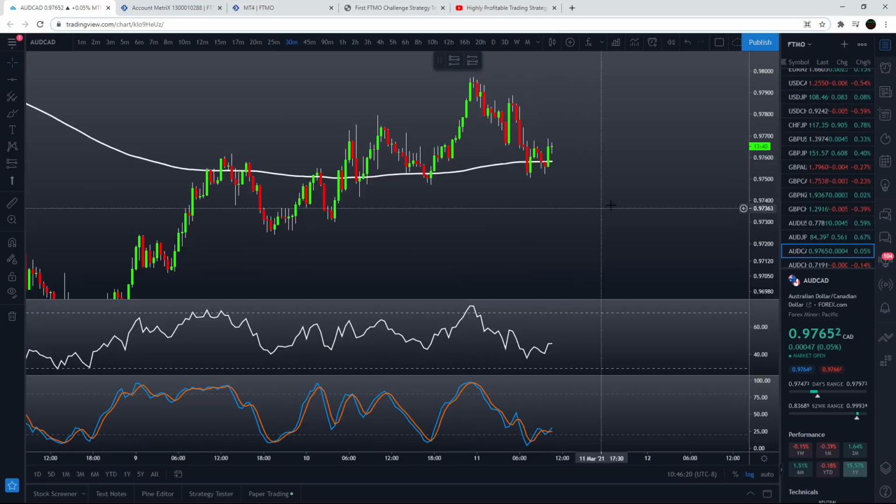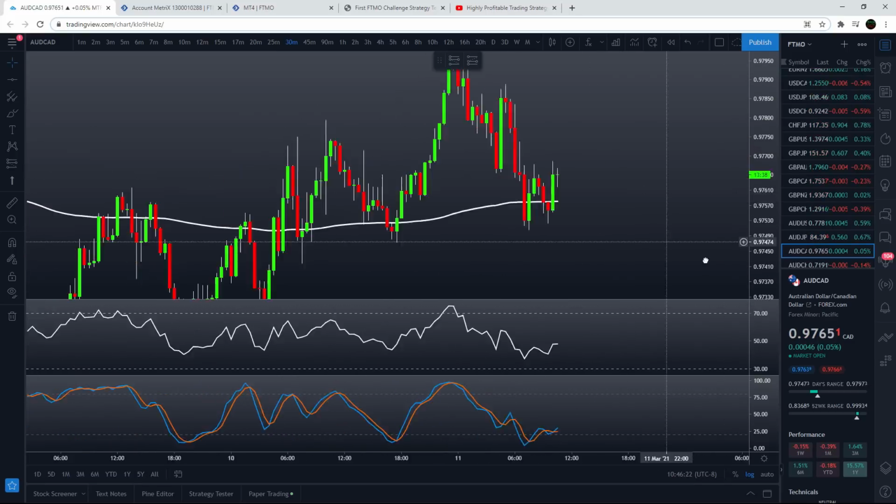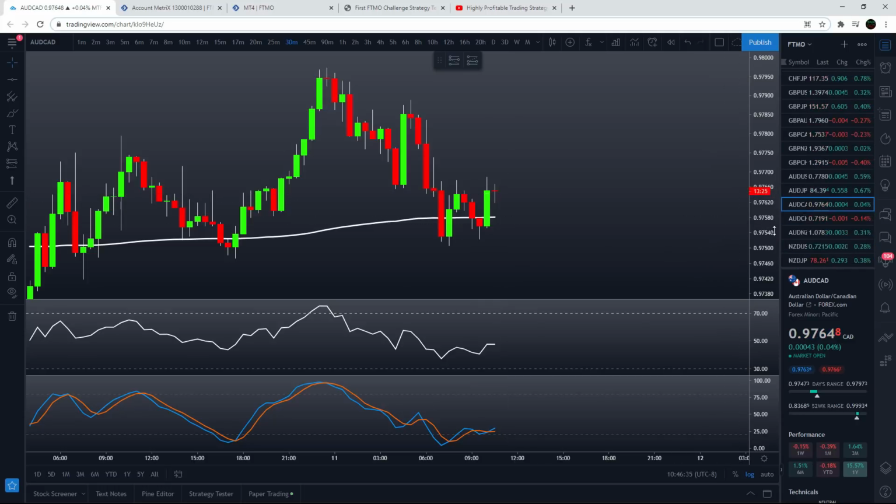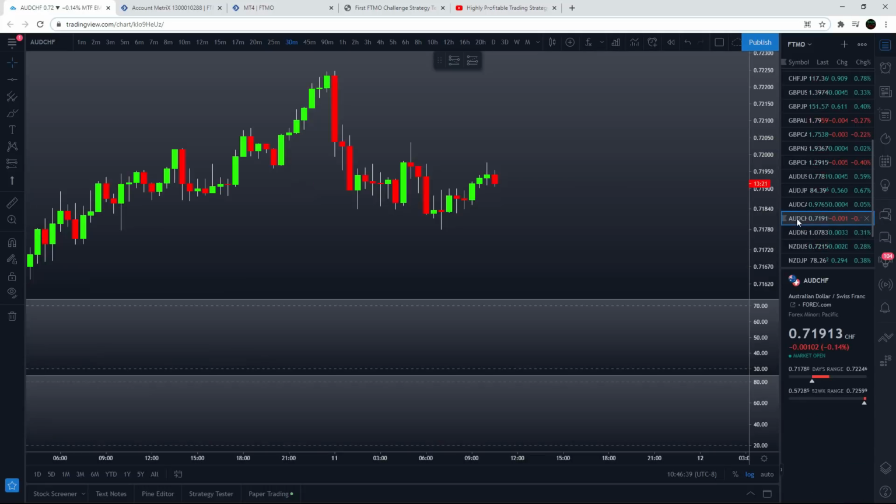So yeah, this one's valid. We just need to make sure that our entry is not worse than where it would have been if we entered on this red candle right here. So it looks like we might get an opportunity there in a sec. So mark that one down for sure to look back at in just a sec.